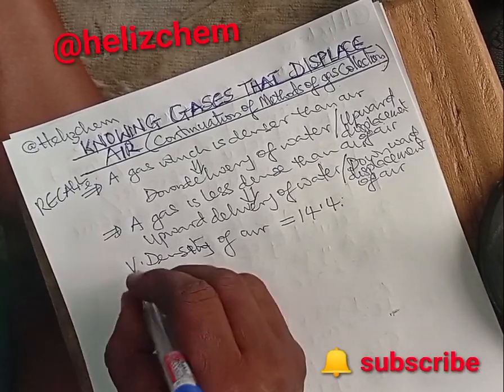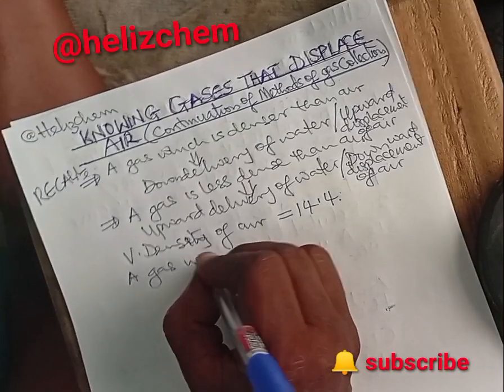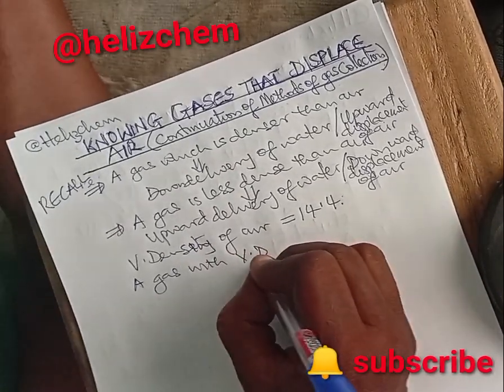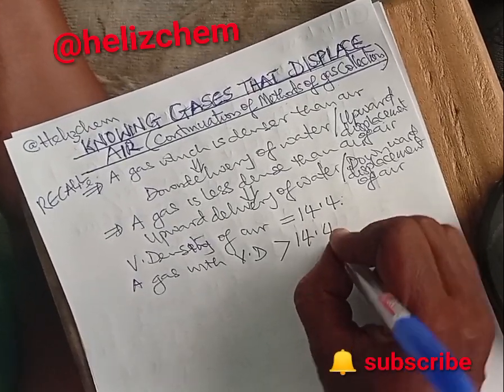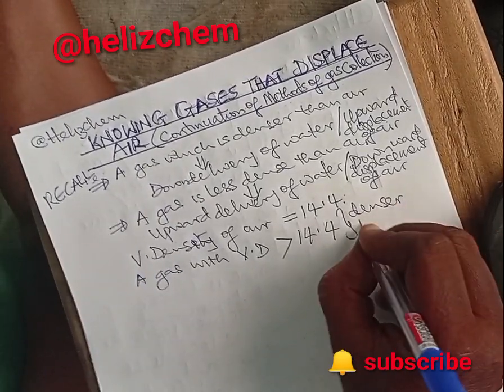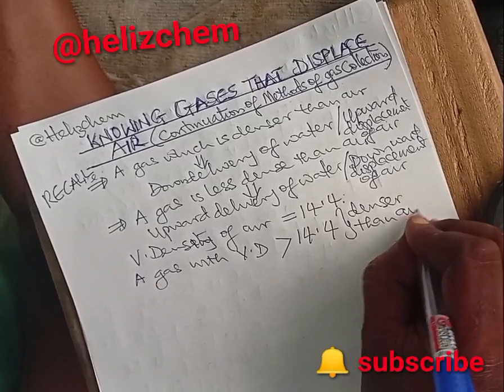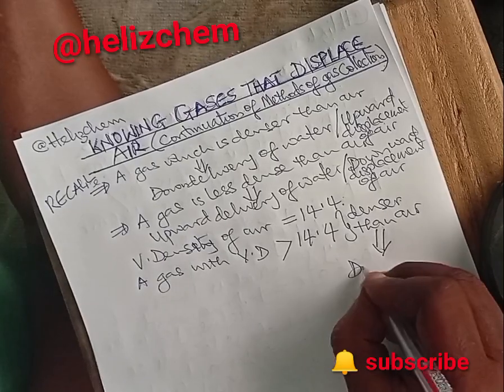This is what I'm saying. A gas with vapor density which is greater than 14.4 is what? Denser than air. And because it is denser than air, you are going to use what?